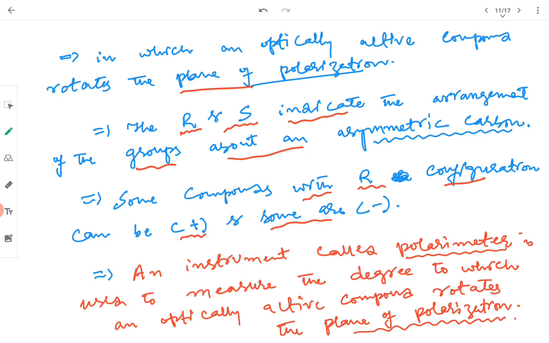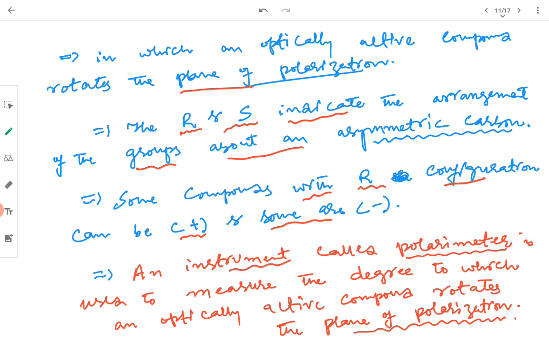Some of you might have the concept that compounds with R configuration rotate the plane of polarization to the right. No, this is absolutely wrong. Or that compounds with S configuration rotate the plane of polarization to the left and are indicated by a negative sign. No, it's wrong. There is no correlation between these terms.